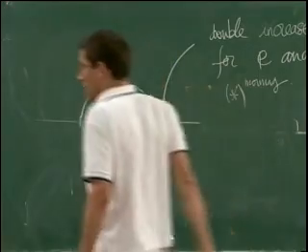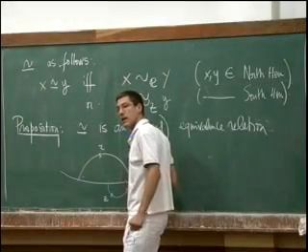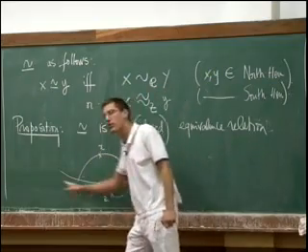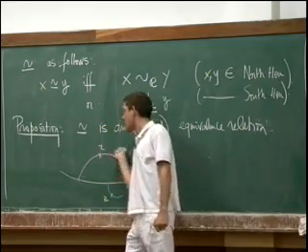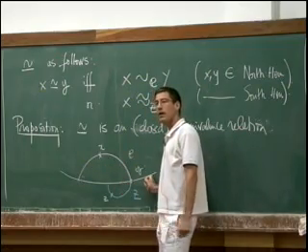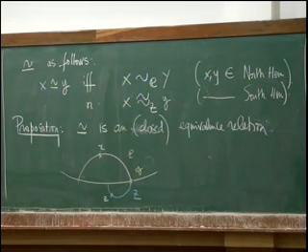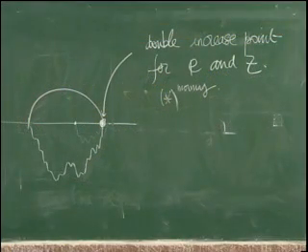So if this picture cannot happen, that means that if a point on the equator is identified via E to another point, then it cannot be identified to another point via Z. Okay, let me write this.